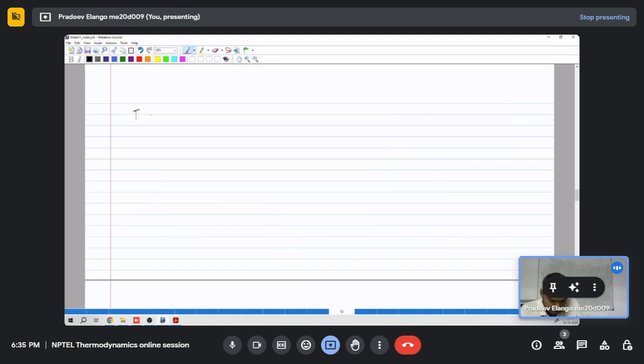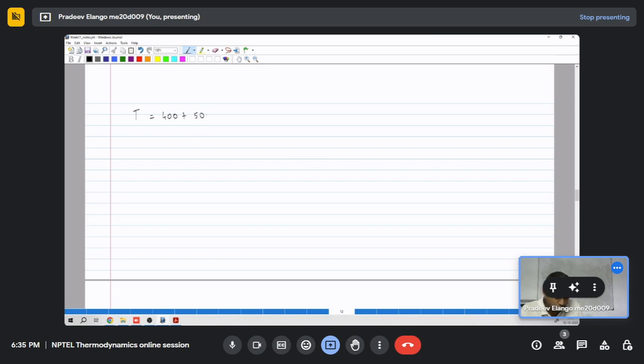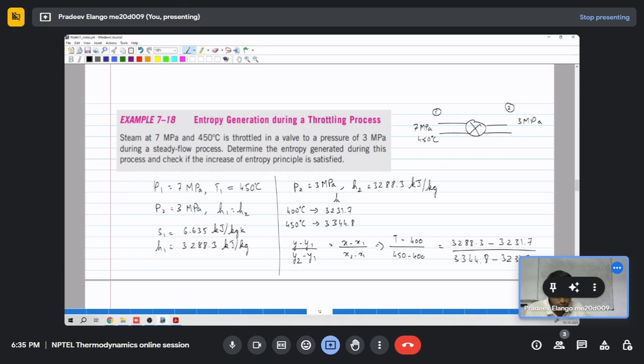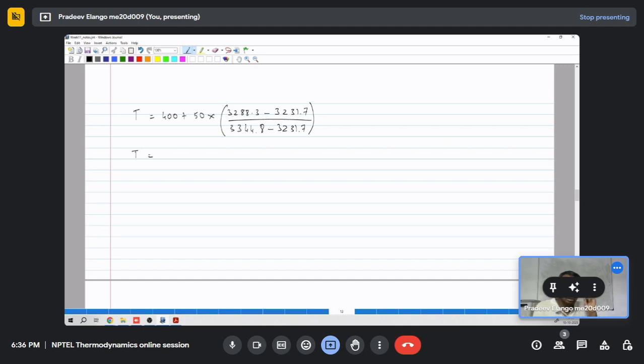So temperature is 400 plus 50 into that ratio. Can you find this value?